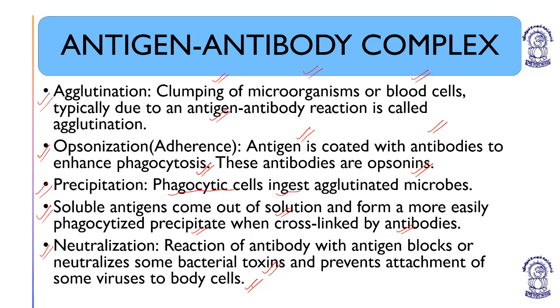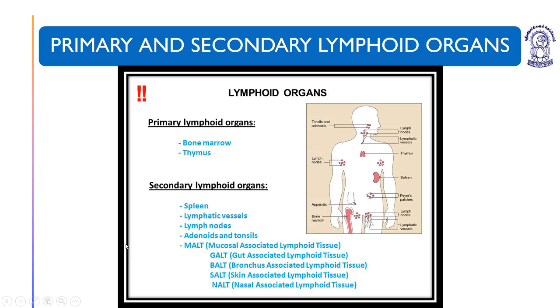When these agglutinated microbes are ingested, the soluble antigens come out very easily and are then cross-linked by antibodies. Neutralization is inactivation of any toxin of a bacterium or a virus when the antigen comes in contact with the antibody. So, my dear students, these are some common terms which are to be addressed very importantly.